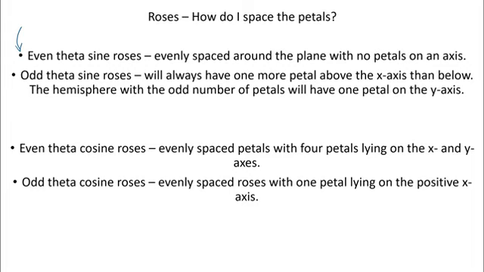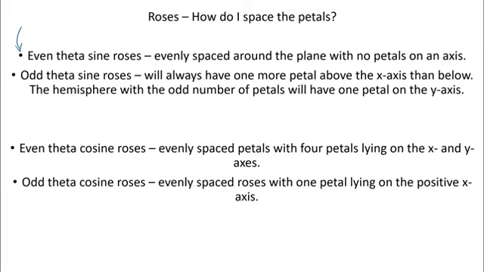The petals will be evenly spaced around the plane, and there will be no petals on an axis. So in other words, the petals have to be evenly dispersed in each quadrant. No petals can lie on an axis, whether that be the x-axis or the y-axis. All of the petals have to be evenly distributed in each of the quadrants.